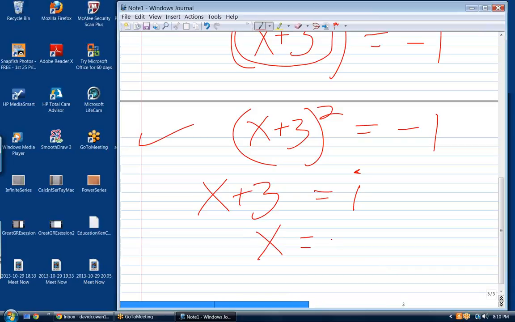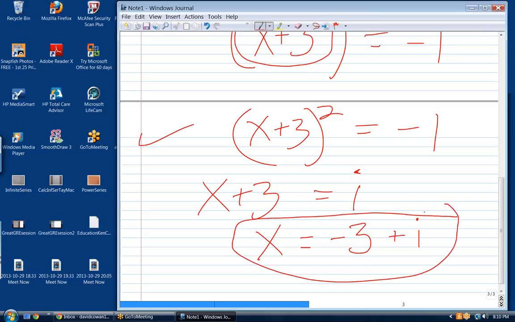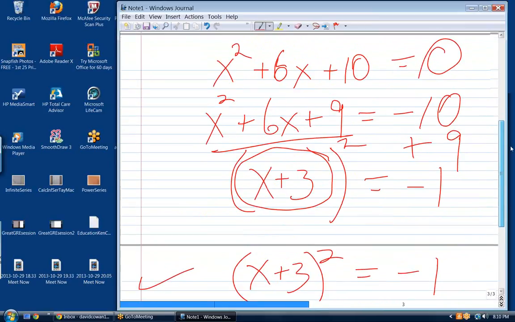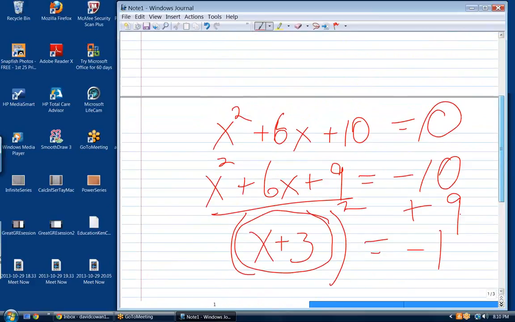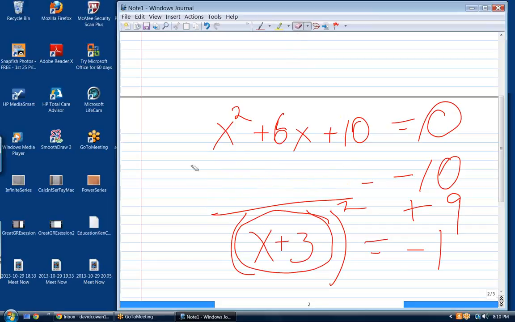Subtract 3. I put it in front because I want this in the form a plus bi. So there's my solution to that equation, and I didn't have to use the quadratic formula to get it. In other words, I only had to complete the square. Okay, let's go over some more completing the squares.